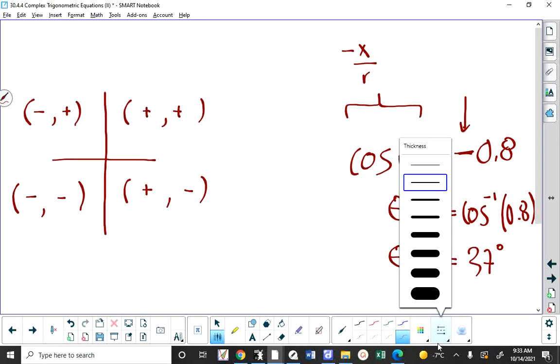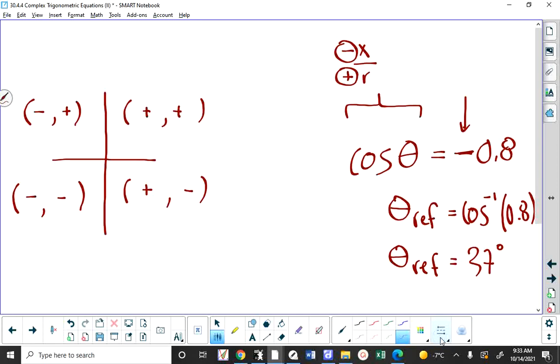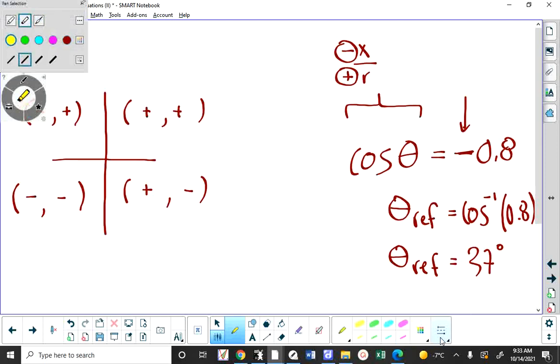So we are looking for a place where x is negative because r is always positive. And now we go over here, and you say, well, where is x negative? X is negative well, here and here. And that means those are the two quadrants.